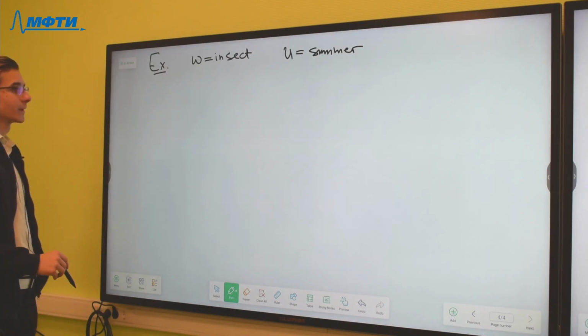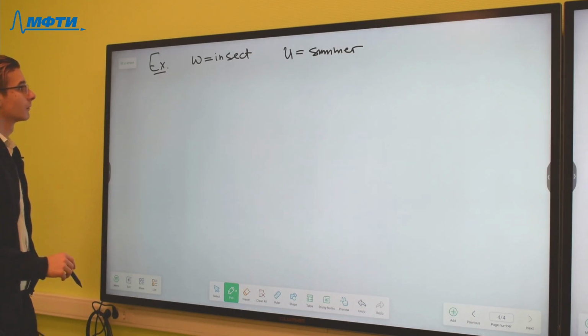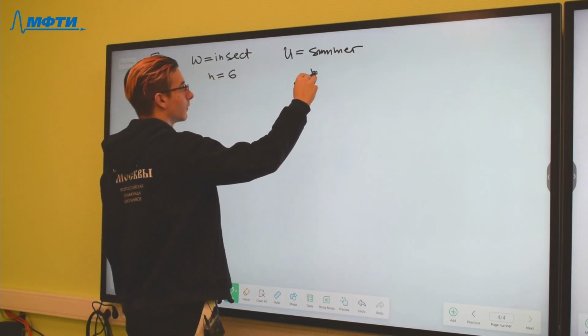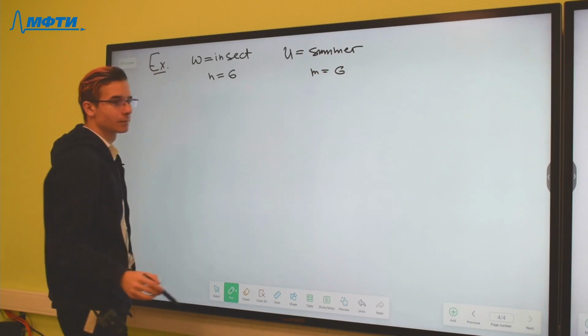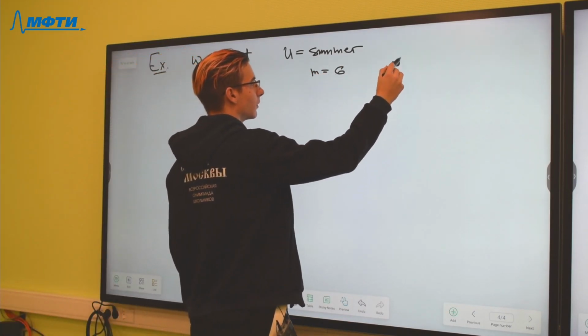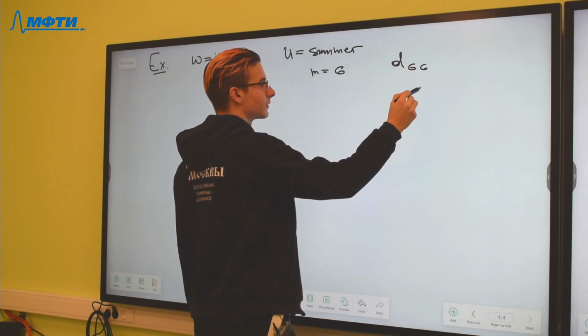So we see that n equal to 6, m equal to 6. And we want to find D with indices 6 and 6.